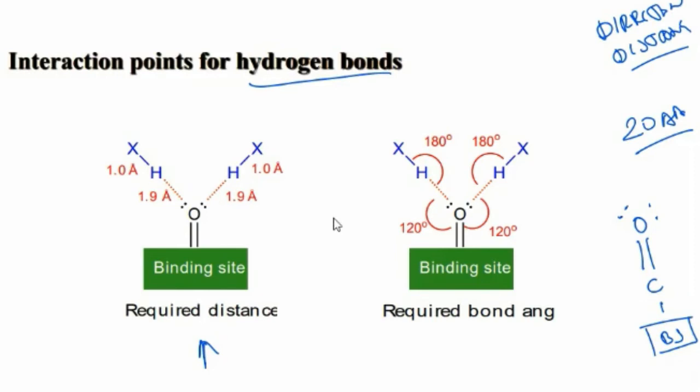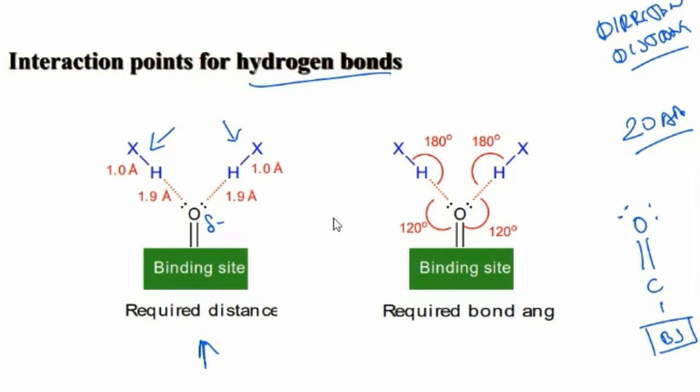So here the lone pair of the oxygen is given, right? We have two lone pairs of electrons, so probably this group will be having a slight negative charge. If you have XH, some hydrogen bond donor, this group is acting as a hydrogen bond donor, and this is also acting as a hydrogen bond donor.